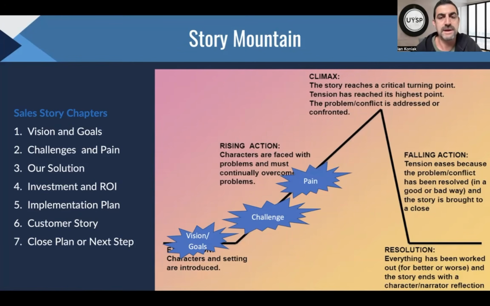I'm making this up as I go, but you're introducing the challenges that they're facing that are preventing them from reaching their goal and their vision, right? The vision is really, here's where you're trying to go as an organization, and then the challenges and the pain are the rising action. Here's all the obstacles that you're faced with.